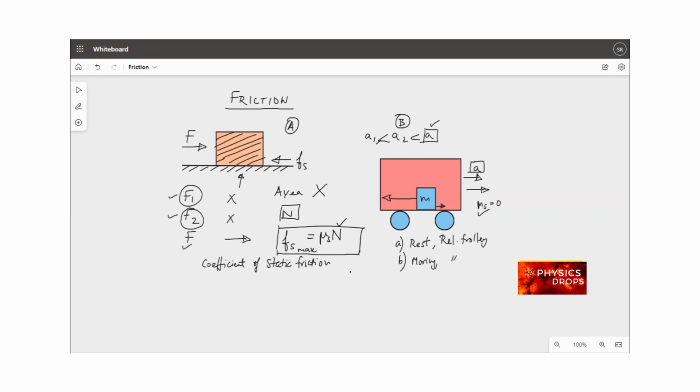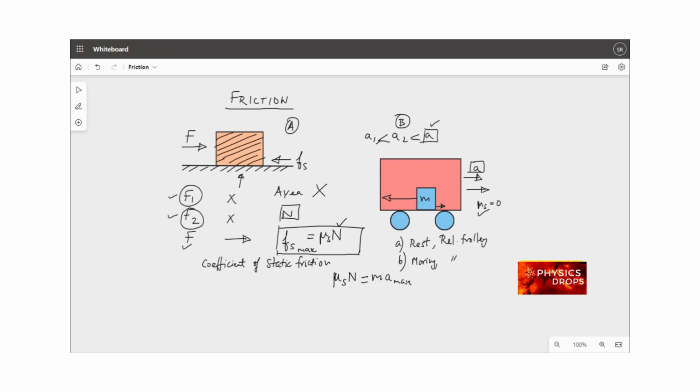Let's find out. We know that the block inside the trolley doesn't move backward up to a maximum extent as opposed by the maximum frictional force, which means mu s times N is the maximum frictional force, and that gives m times a max.